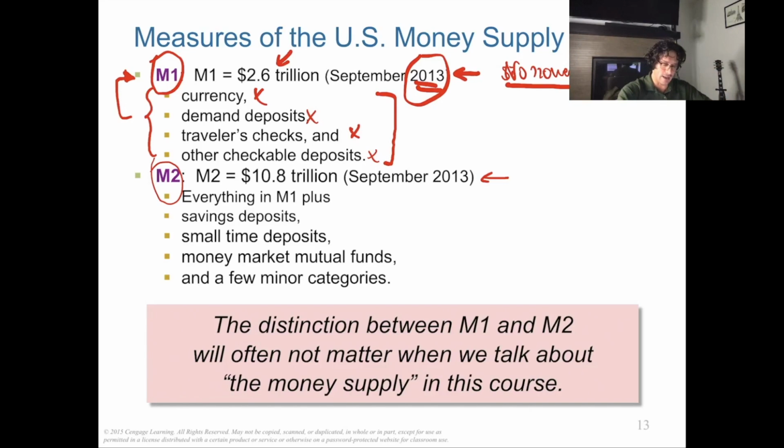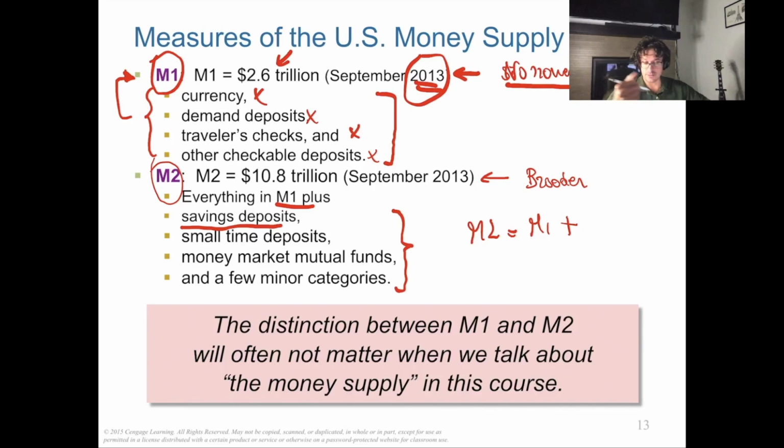There is also a larger and broader definition, which is given by M2. So M2 is equal to M1 plus a series of other assets. What are these assets? Savings deposits, which constitute money, small time deposits, money market mutual funds, and a few minor categories.